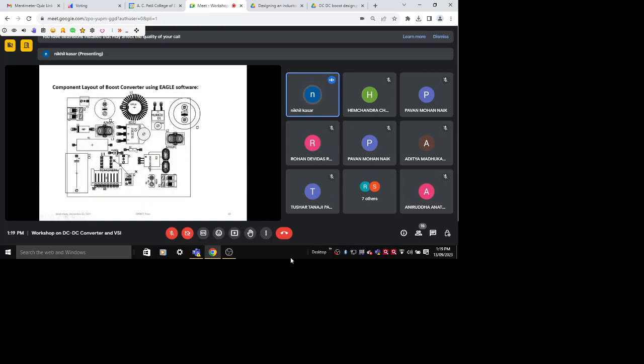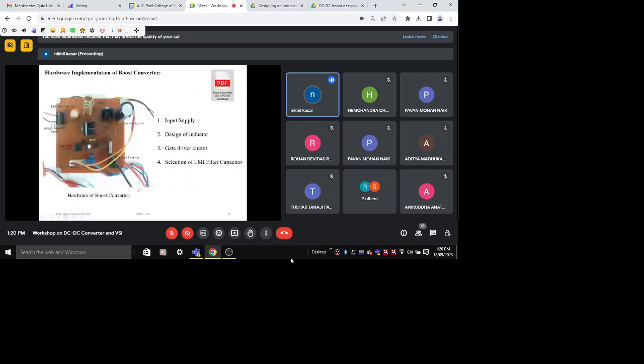Okay, then this is the MOSFET switch, this is the diode and output capacitor. Okay, this is the circuit which is made.